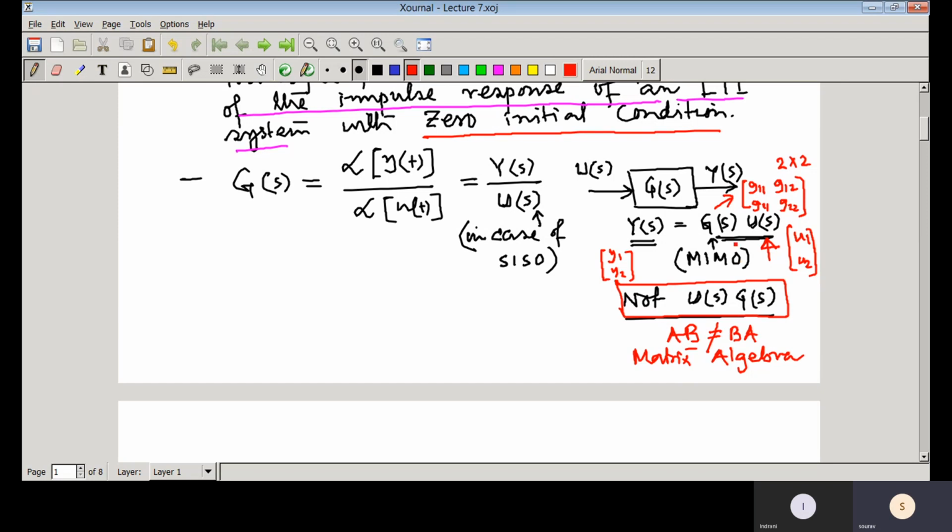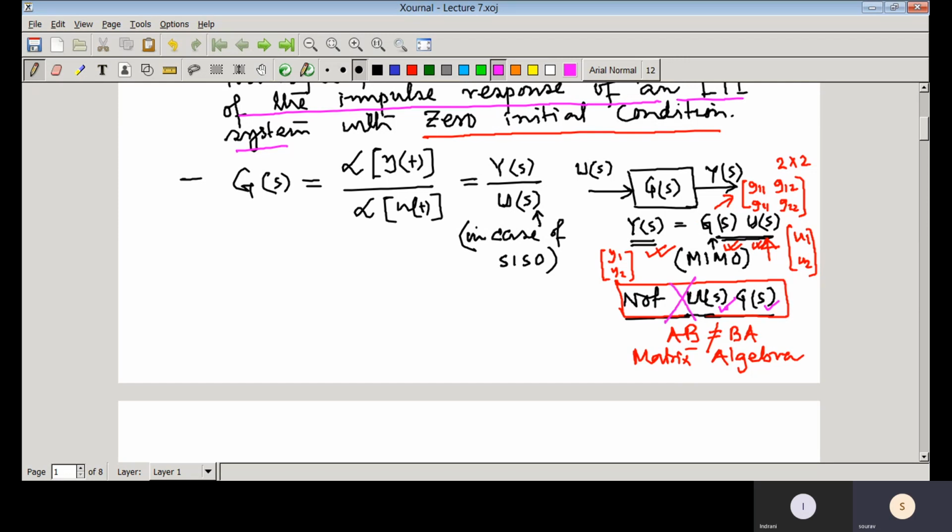Whenever you represent a dynamical system in the transfer function framework, if you write Y(s) equal to G(s) into U(s), then this matrix multiplication holds. But if you write U(s) into G(s), in this case this particular matrix multiplication does not hold.